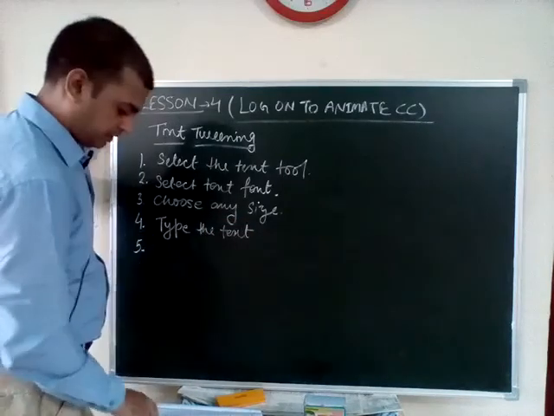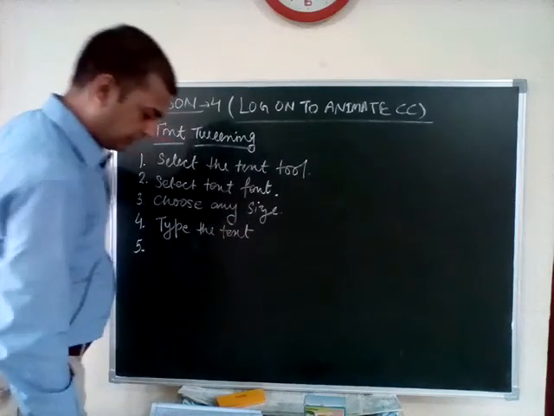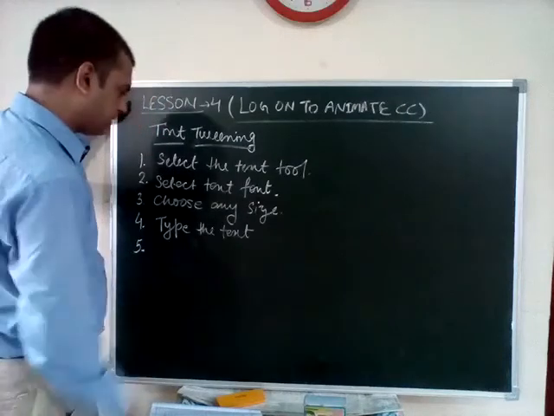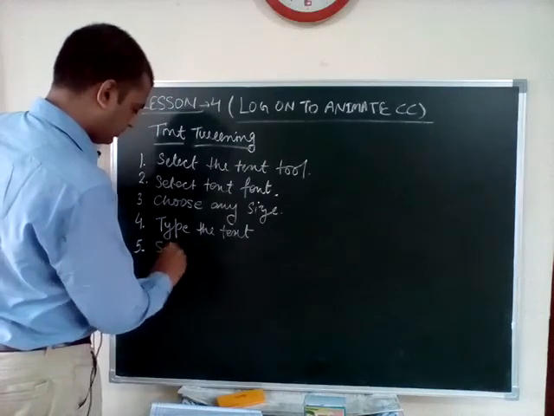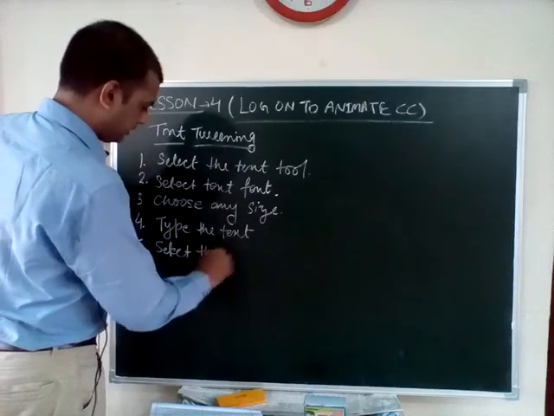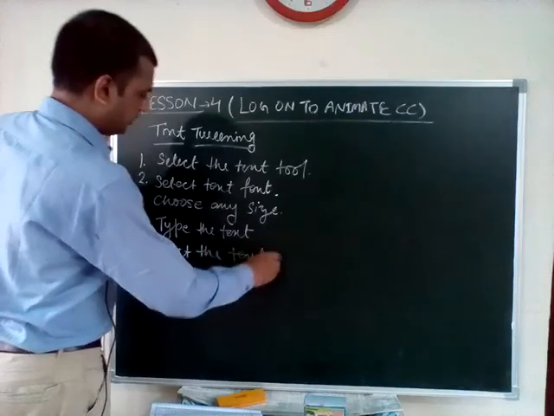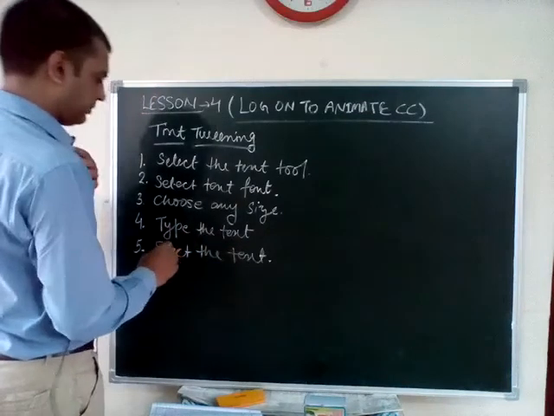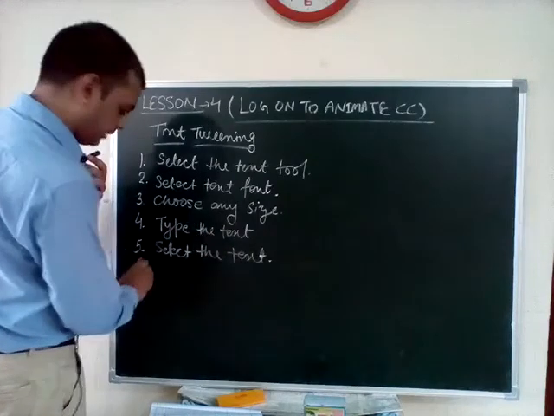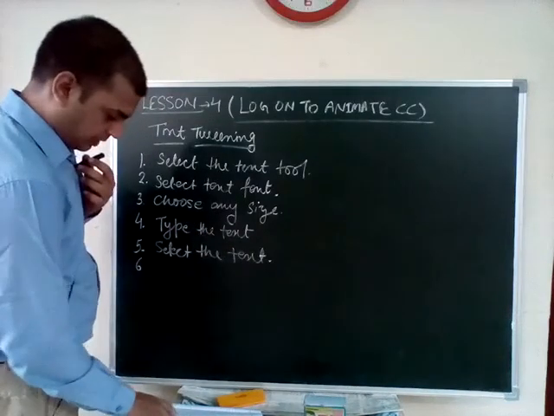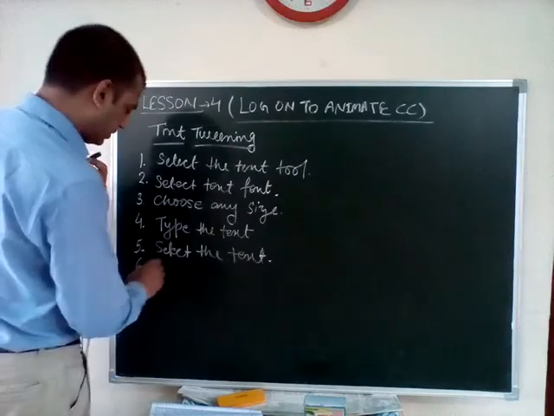Number 5, click on the selection tool and select the text. Whatever you have typed, you have to select this typed text. Number 6, now click on Modify, Convert to Symbol.